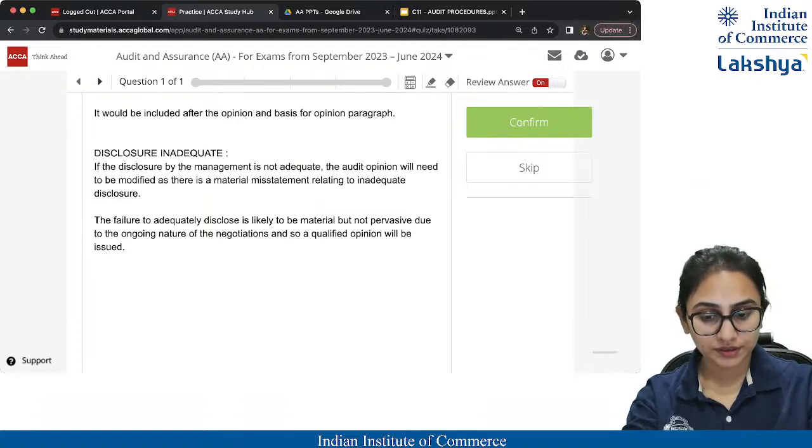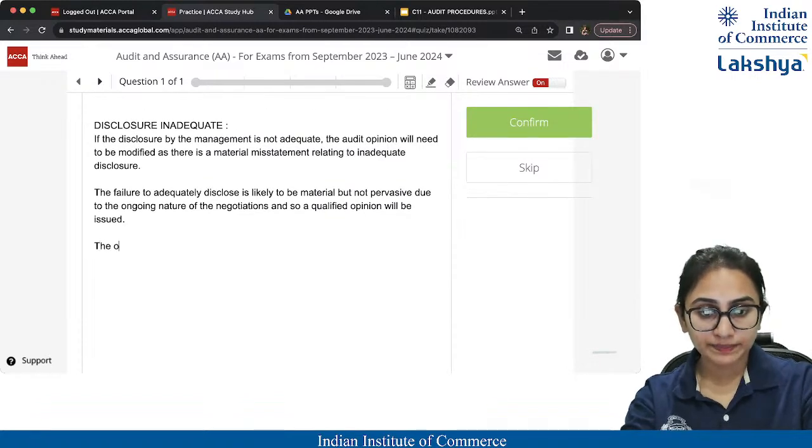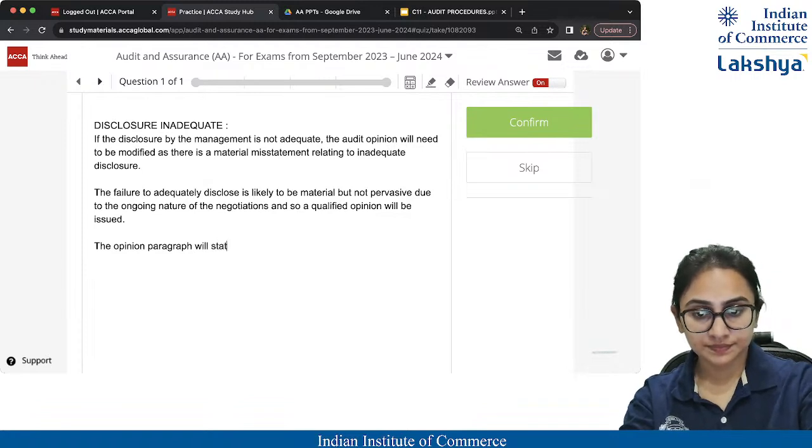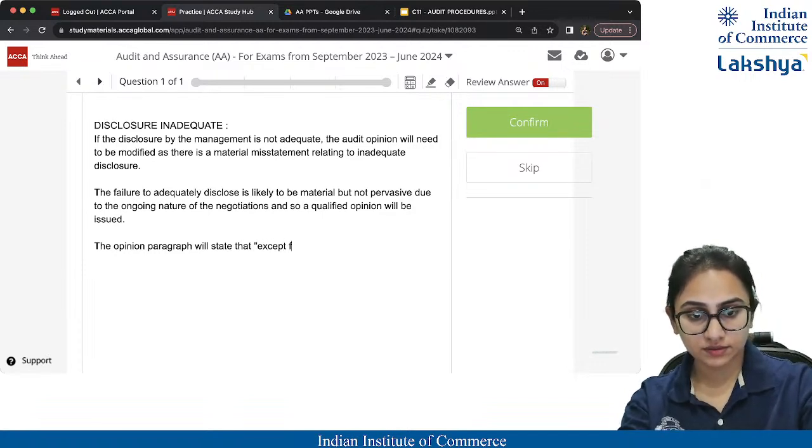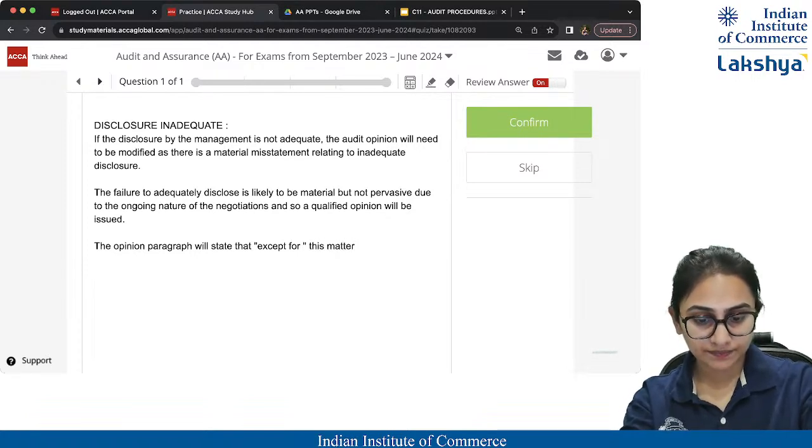What is a qualified opinion? So the opinion paragraph will state that except for the failure to adequately disclose, so except for this matter, that is the disclosure matter, the financial statements give a true and fair view.